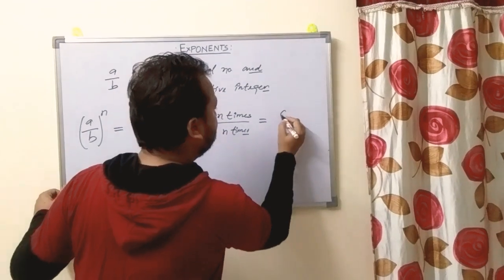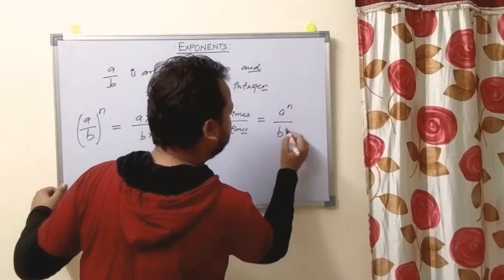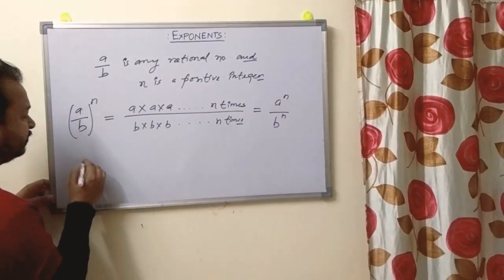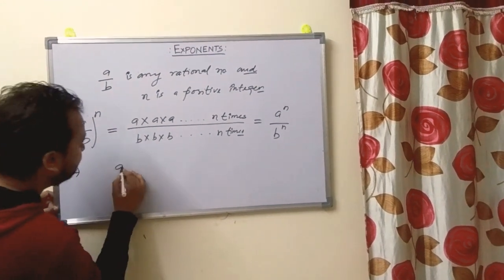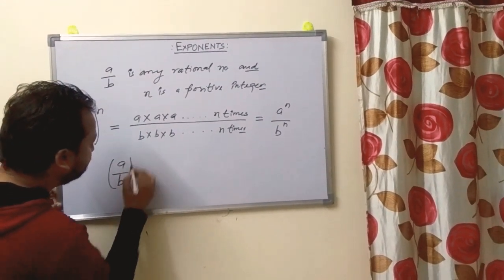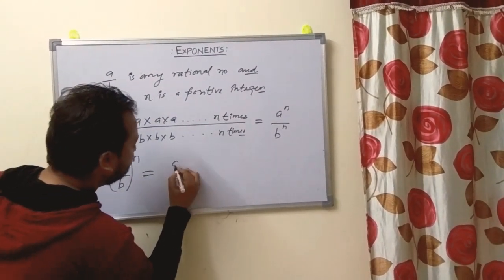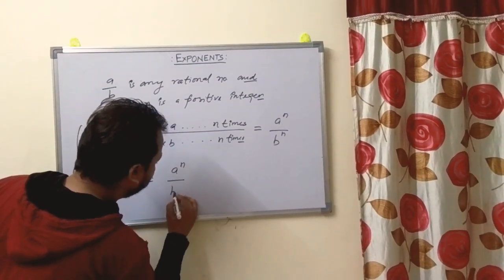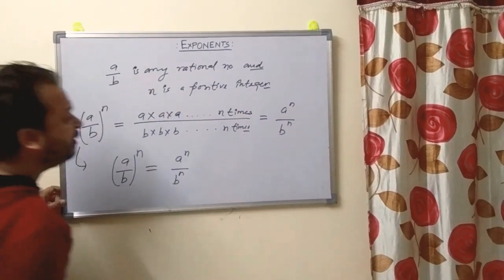You can also write it as a power n divided by b power n. So if you summarize it, (a by b) whole power n is a power n upon b power n.